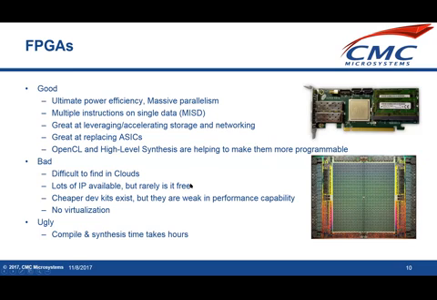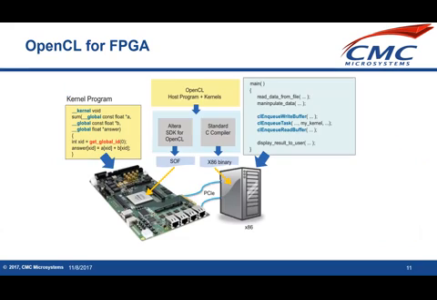You need to buy them. Cheaper developer kits exist, but they are weak in performance capabilities and have no virtualization. The main barrier is that compile and synthesis time takes hours. This is something that vendors such as Altera and Xilinx are working on, to make the compile time faster for these devices.